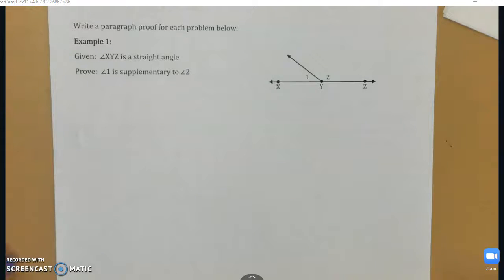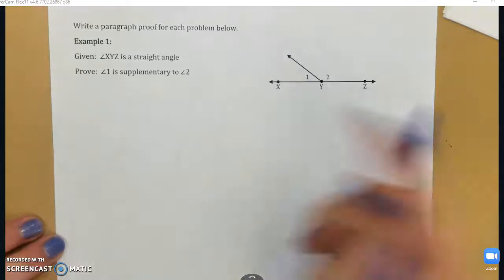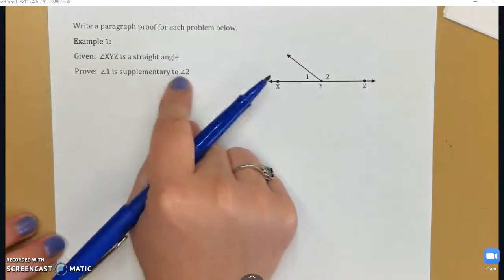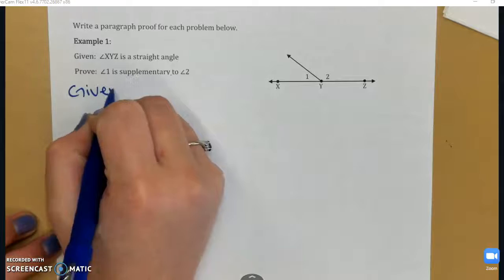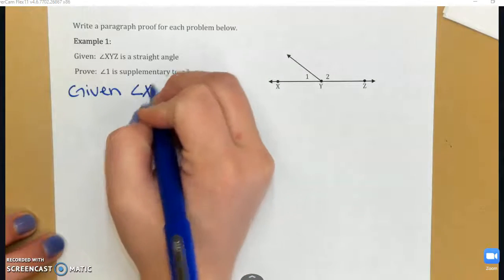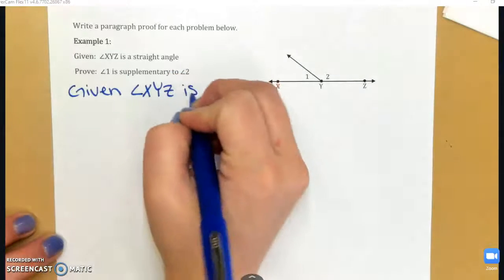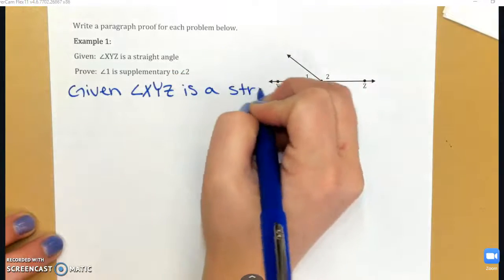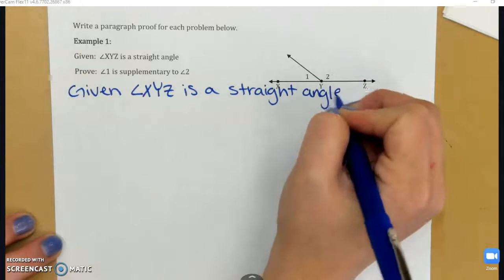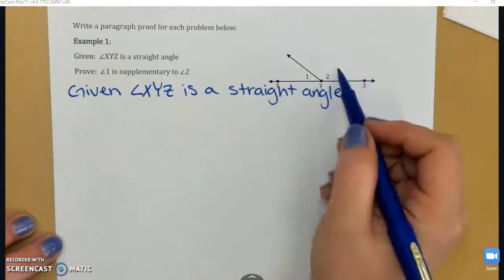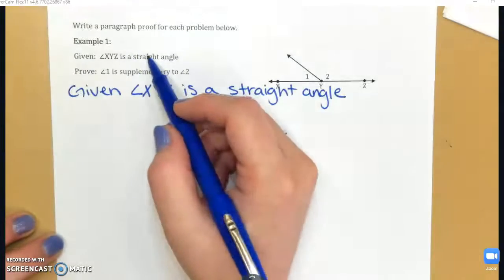I'm given that angle XYZ is a straight angle, and I want to prove angle 1 is supplementary to angle 2. So starting in my introduction, I'm going to list my given that angle XYZ is a straight angle. And if I'm being asked about angles 1 and 2, none of that is in my given information.